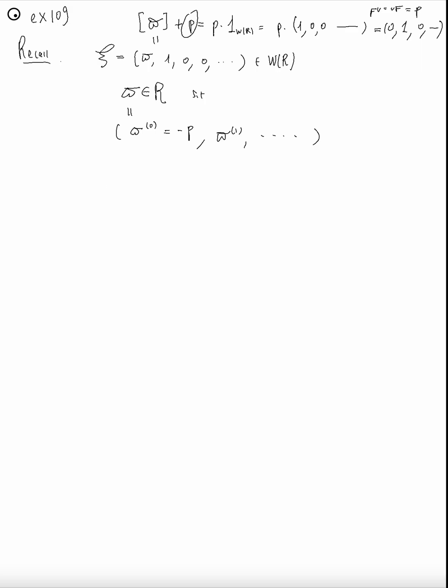And so here we are saying that it's not easy to compute addition and multiplication in W(R), but in this special case there are many zeros, and this should be easy, and this should be this one.